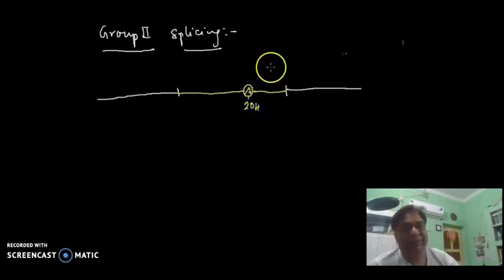It is an intramolecular hydroxyl group. This is the adenosine residue over here, that is called the branch site. The 2' hydroxyl group of it acts as a nucleophile.